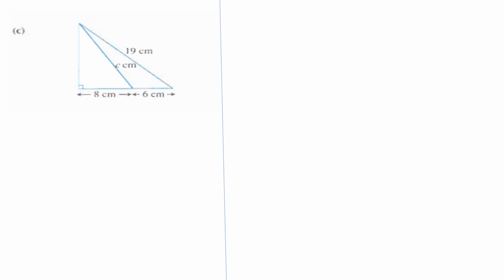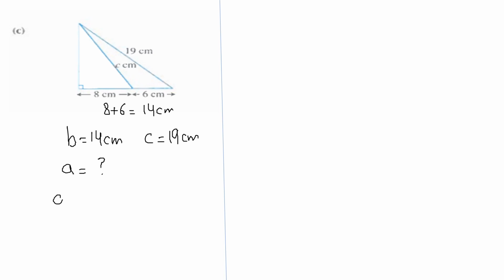We can add this up, and this will give us 8 plus 6 is 14 cm. So that means I'm given with the base and the hypotenuse. So base is 14 cm and hypotenuse, that is C, is 19 cm. And I'm not given with the altitude. That means I have to find the altitude. So A is equal to question mark in this case.